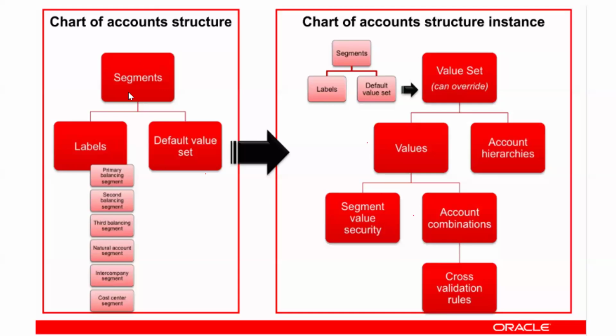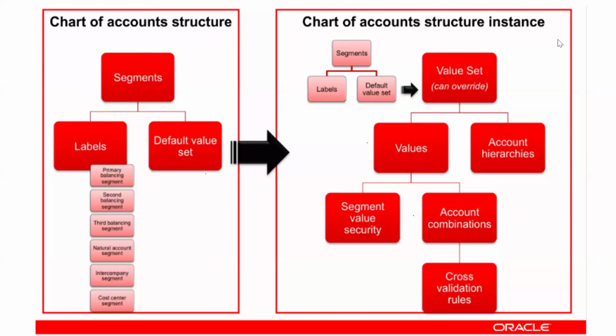Segments are nothing but flex fields. You assign the labels and the value sets for the segments and save it. The chart of account structure is completed by configuring the segments and assigning the labels and value sets.